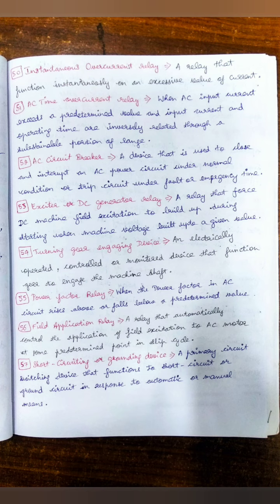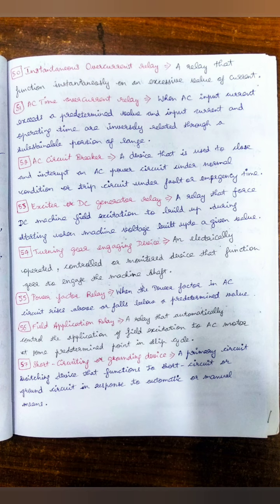Next 55, power factor relay. When the power factor in an AC circuit rises or lowers beyond the predefined value, the relay will initiate. Next 56, field application relay, a relay that automatically controls the application of field excitation to an AC motor at some predefined point in a slip cycle.